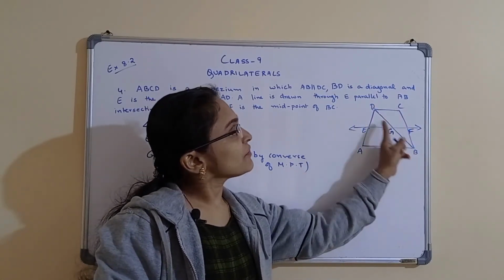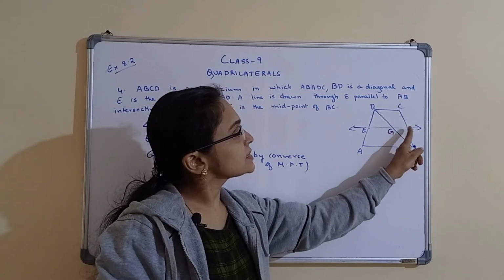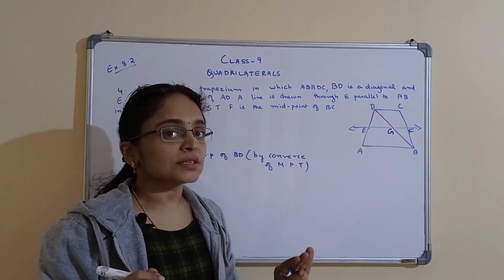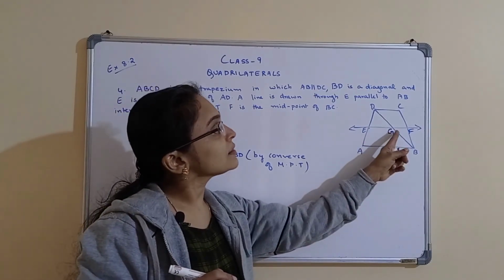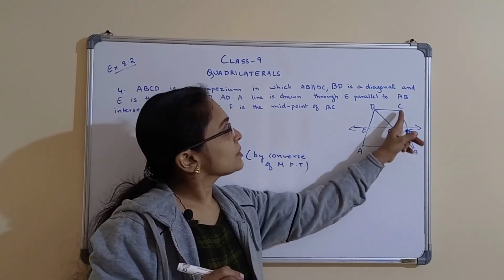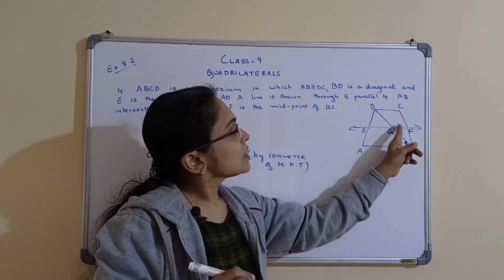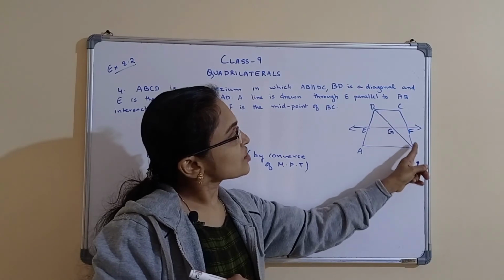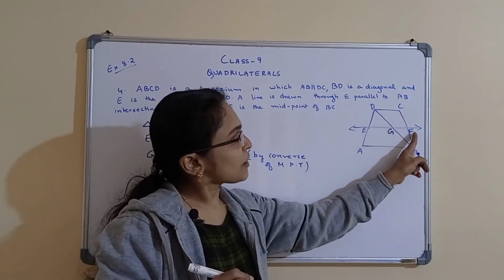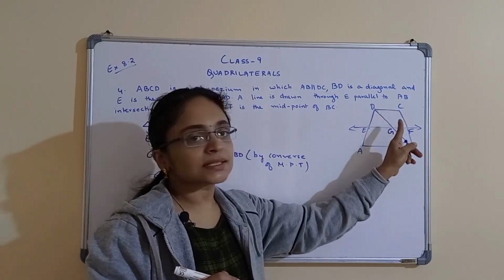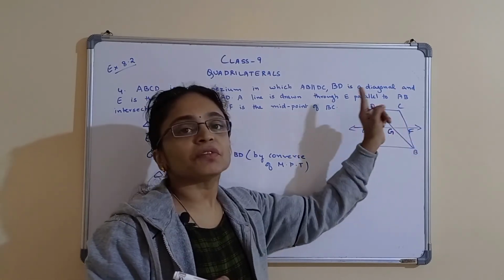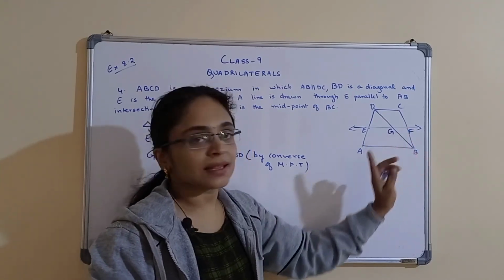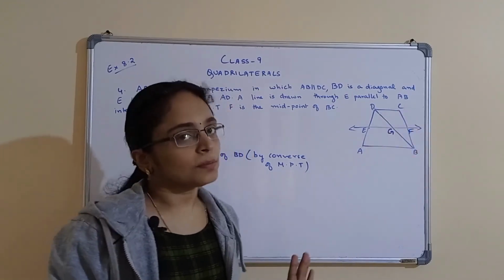Because this EF is parallel to DC, which means this GF will be parallel to DC. So, by the same converse of midpoint theorem, we can say that F is the midpoint of BC, because taking this triangle BDC, GF is parallel to DC and G is the midpoint of BD.